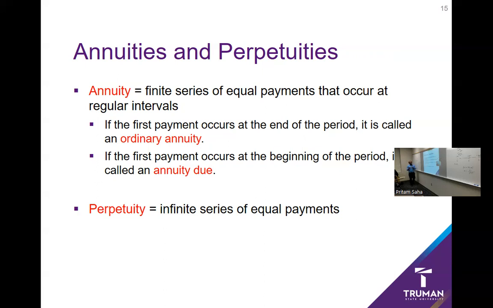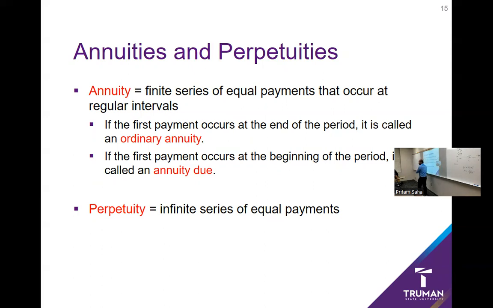One thing you always make a mistake on: when we say annuity due, which is beginning, you feel like you'll receive one less cash flow. No. The only difference between due and ordinary is the timing. We are just moving it a little forward. Same amount of cash flow, same number of cash flows, but moved forward.